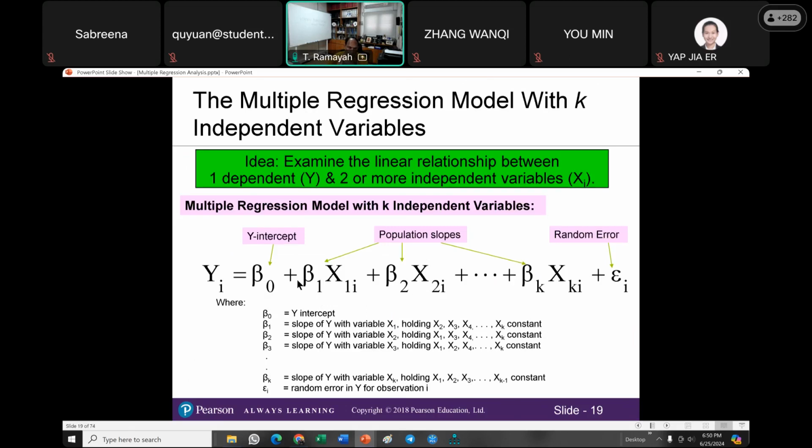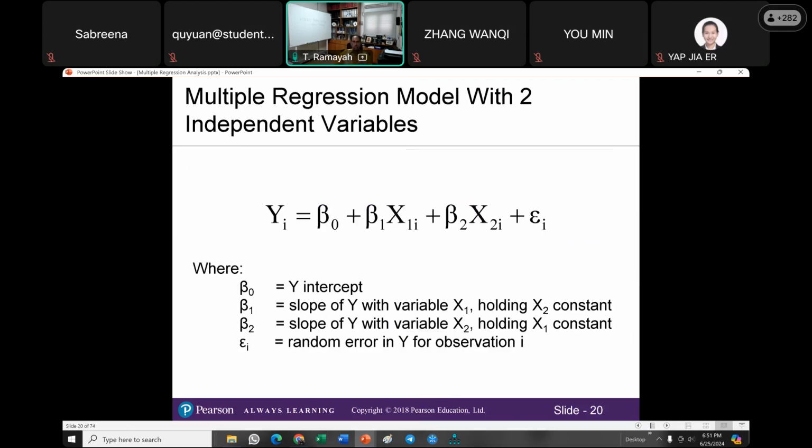If the slope is positive, the independent variable and the dependent variable move in the same direction. If the slope is negative, then when the independent variable increases, the dependent variable will go down. Okay, they are inverse. This random error usually we don't write because least square analysis will minimize this error, so we actually don't need to write the error.